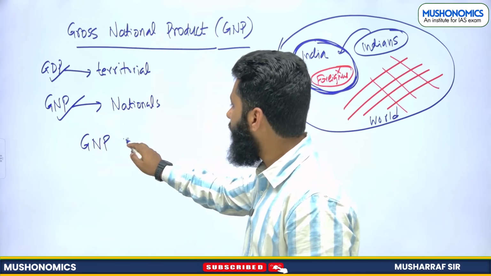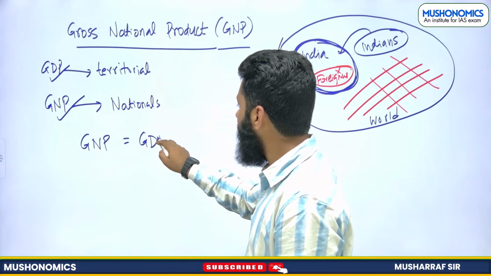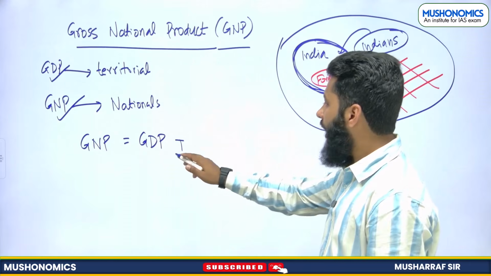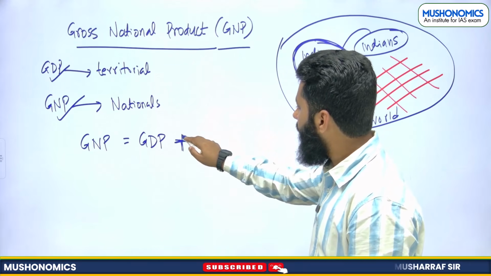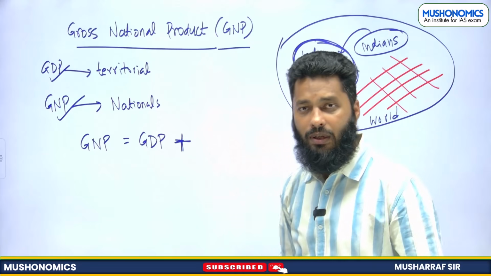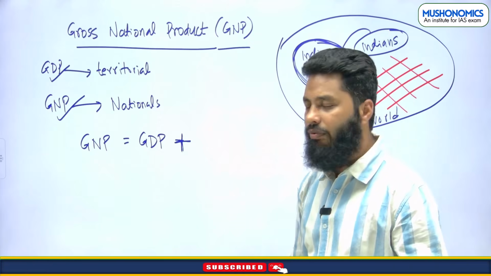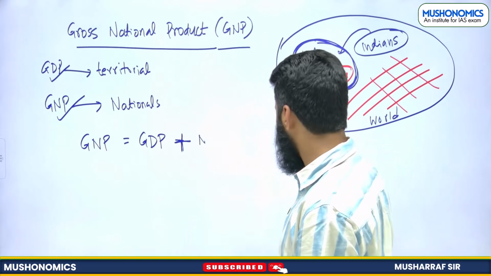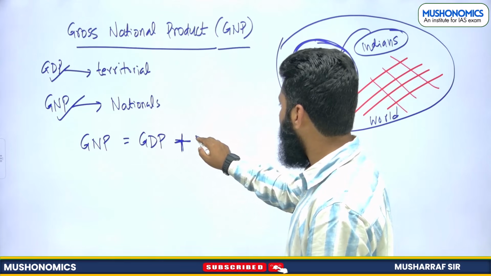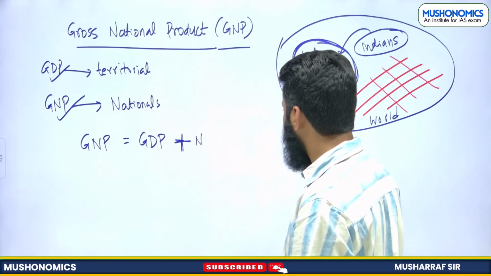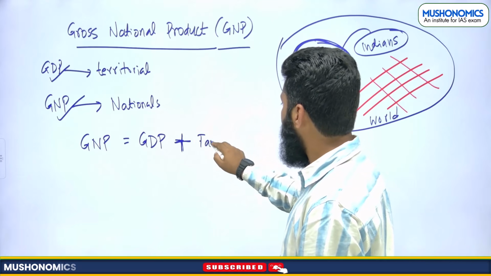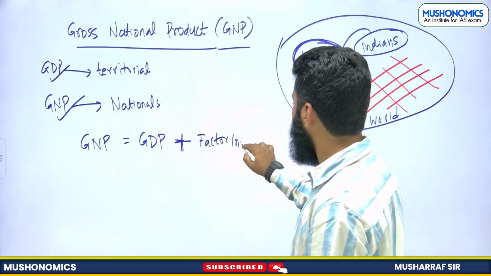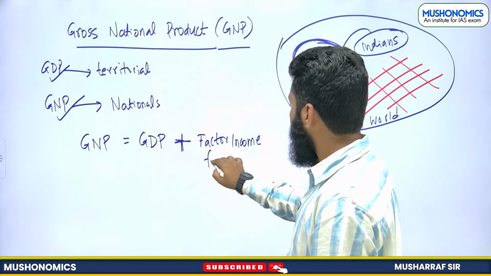So what do I have to exclude and include when I have GDP? I have to include the production done by Indians anywhere in the world. So I have to add factor income from abroad, whatever income you are earning from abroad.